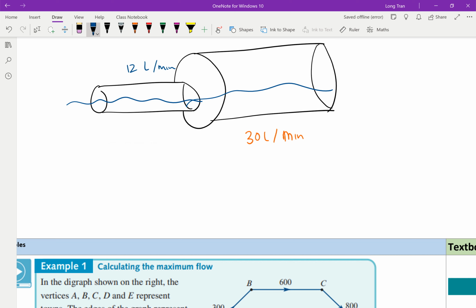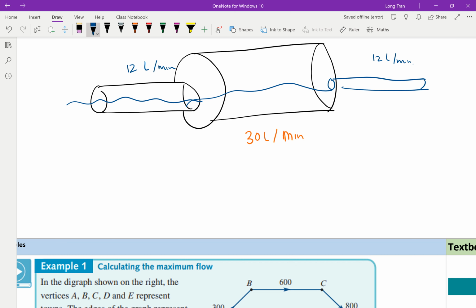So then what happens if I then connect this? What if I connect the same minimum pipe and this is also 12 liters per minute? What's the maximum output? 12, very good. And then what if I change that and I said, let's make it smaller.